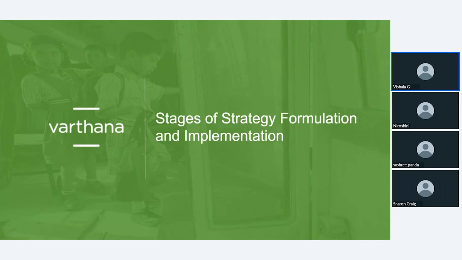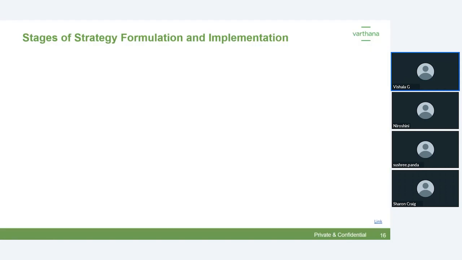Let's move to the stages of strategy formulation and implementation. Here again, we have different stages in the strategy formulation and implementation. Let's look at what are all the different stages one by one, so that it will be easy for us to implement it back in the school.